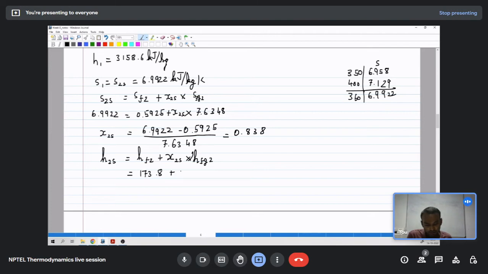So 173.8 plus dryness fraction 0.838 into 2402.4. So this is 2187 kilojoule per kg. This is H2s. So now we have calculated the ideal enthalpy at the end of the turbine.